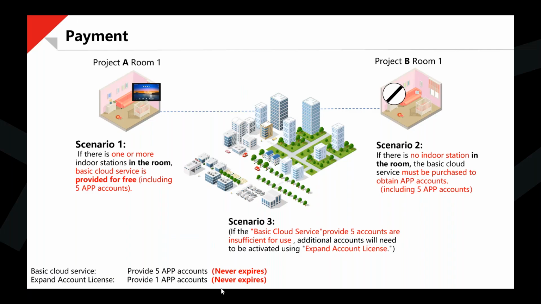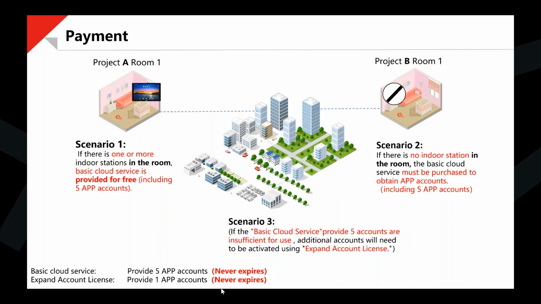If 5 accounts are insufficient, you can increase the number of accounts through an expand license. All the account licenses are valid indefinitely and do not expire. If you want to purchase a license, please contact one of our sales staff for more details.